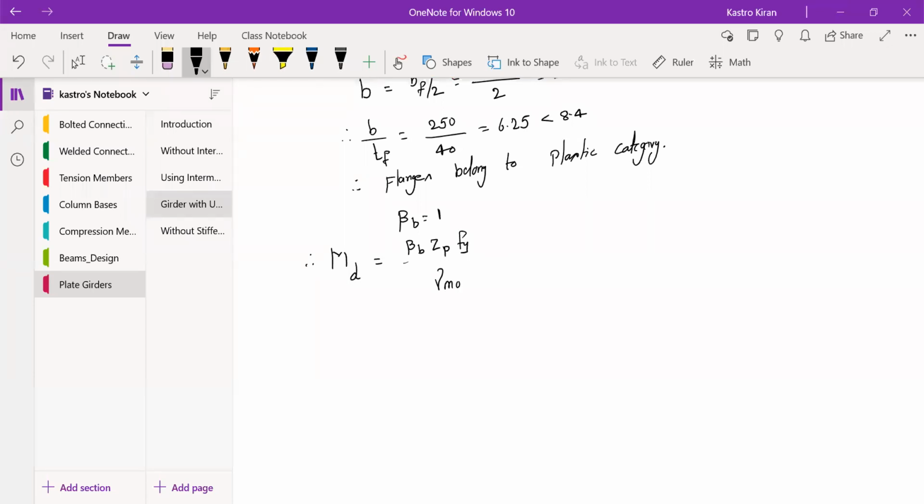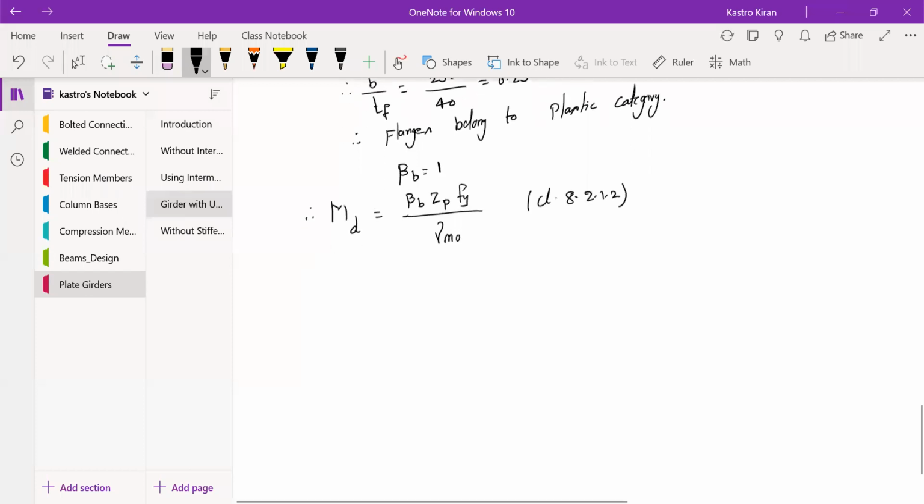This formula is available in clause 8.2.1.2. Okay, so I said beta B equals 1 for plastic section. Most of the times you will get the plastic section only.